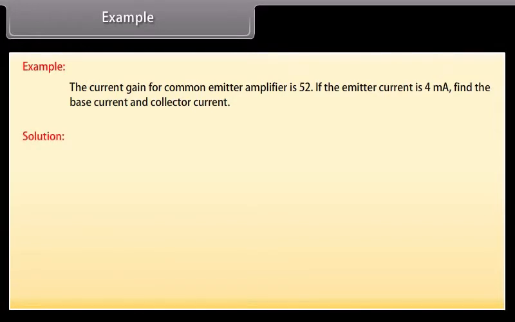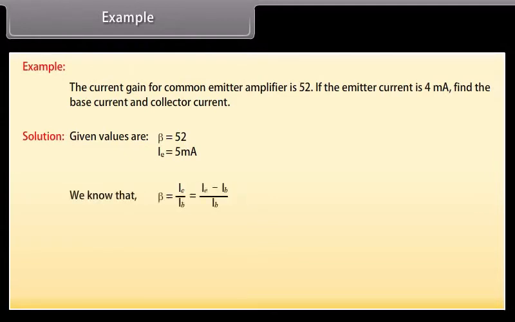Let's see the solution. Given values are beta equal to 52, IE equal to 5 mA. We know that beta is equal to IC upon IB, which is equal to IE minus IB upon IB. On simplifying the expression we get IB equal to IE upon 1 plus beta.